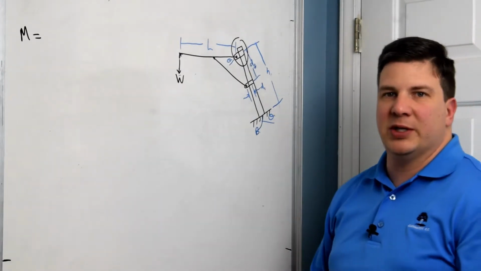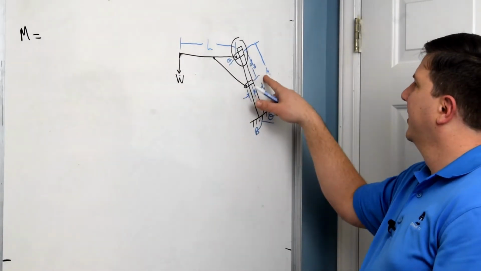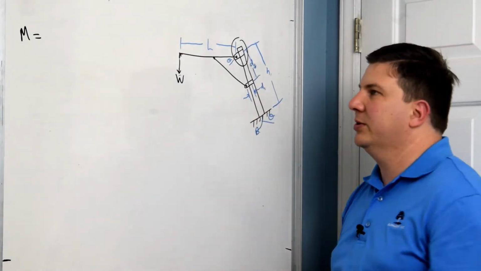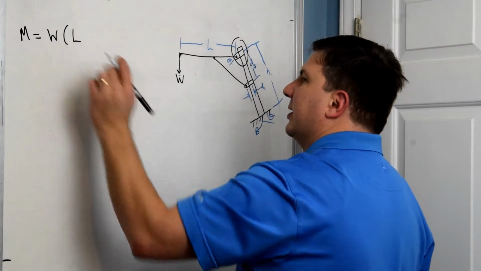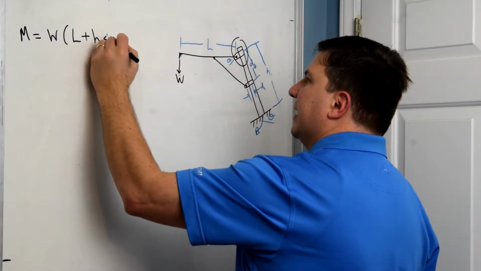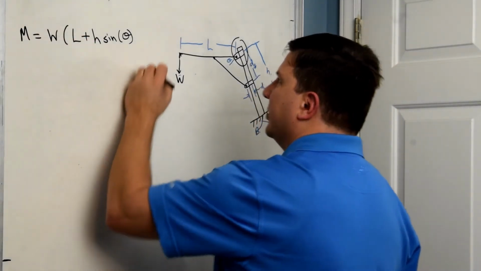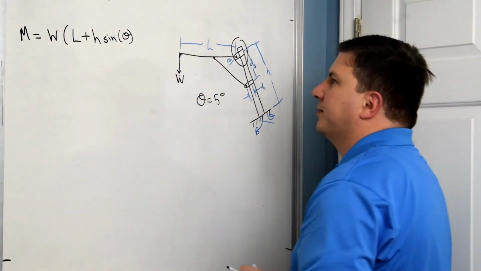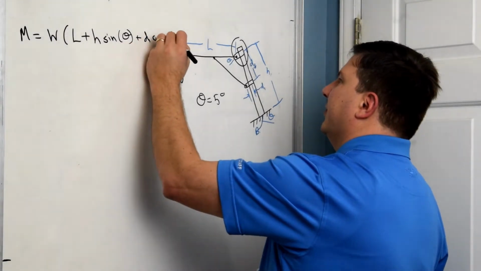So when calculating our moment, we're going to use our load W, times a length L, plus the height times the sine of theta, where theta equals 5 degrees, plus the little offset D1 multiplied by the cosine of theta.